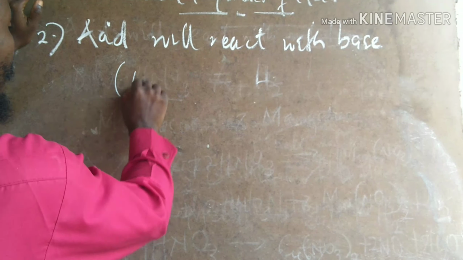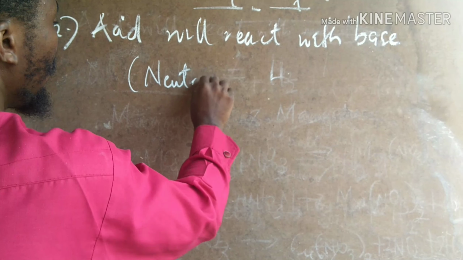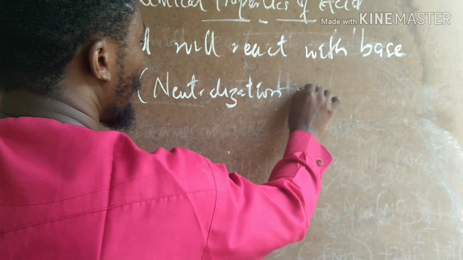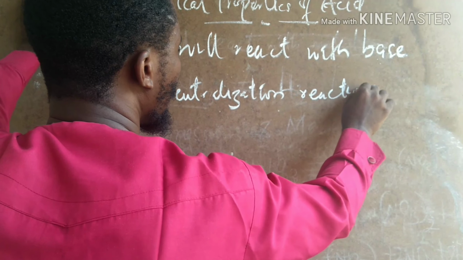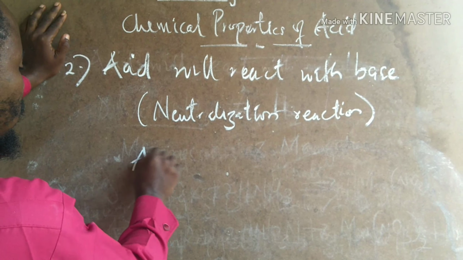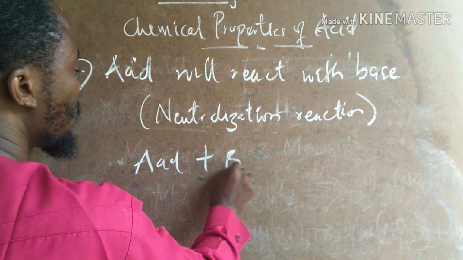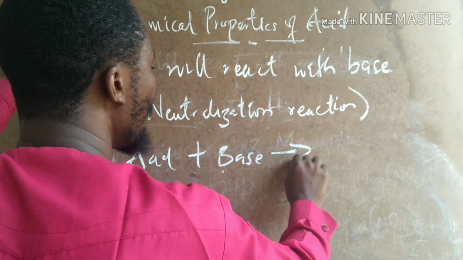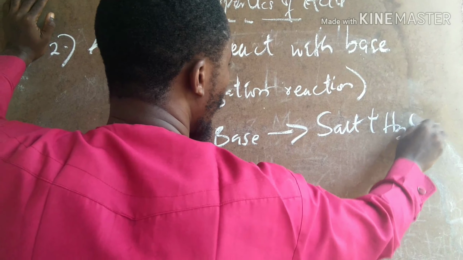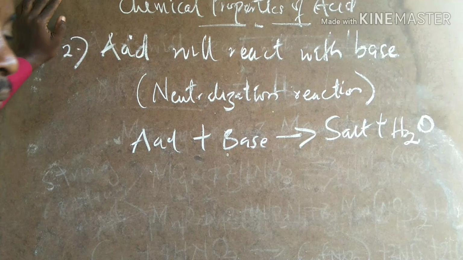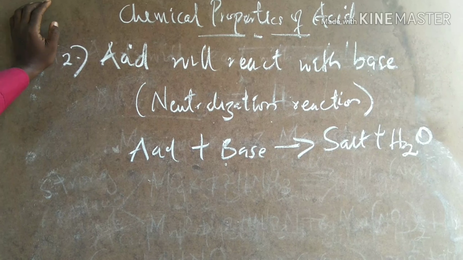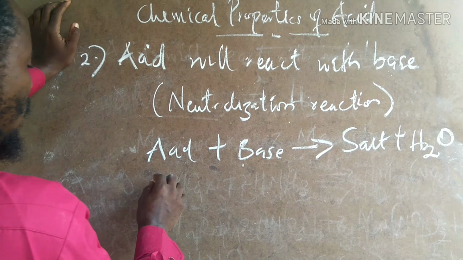You get it now? This reaction is referred to as neutralization reaction. So when acid reacts with base, it will definitely give us salt plus water. Take note. To give us what? Salt plus water. Are we clear now? So let's take acid.